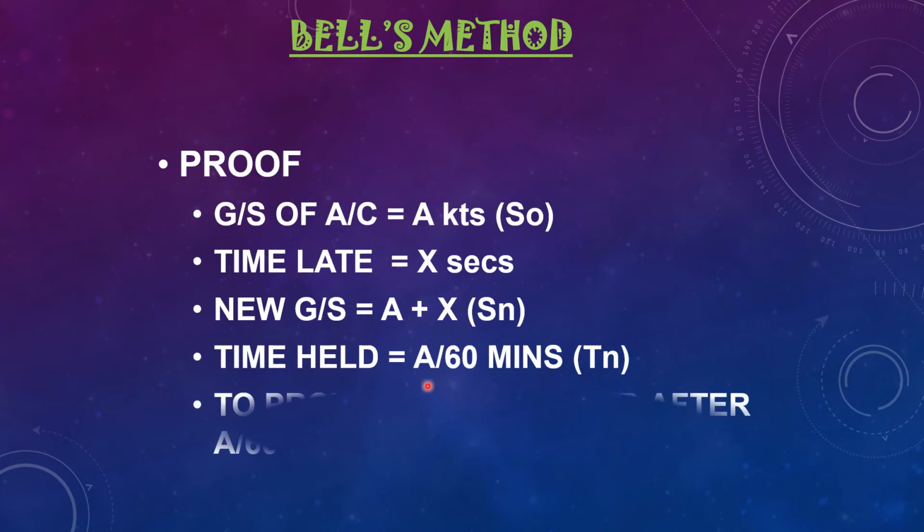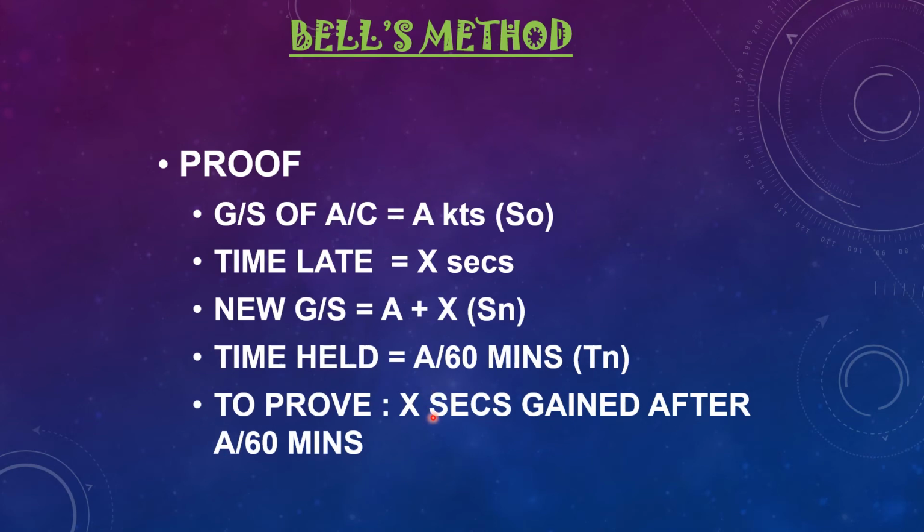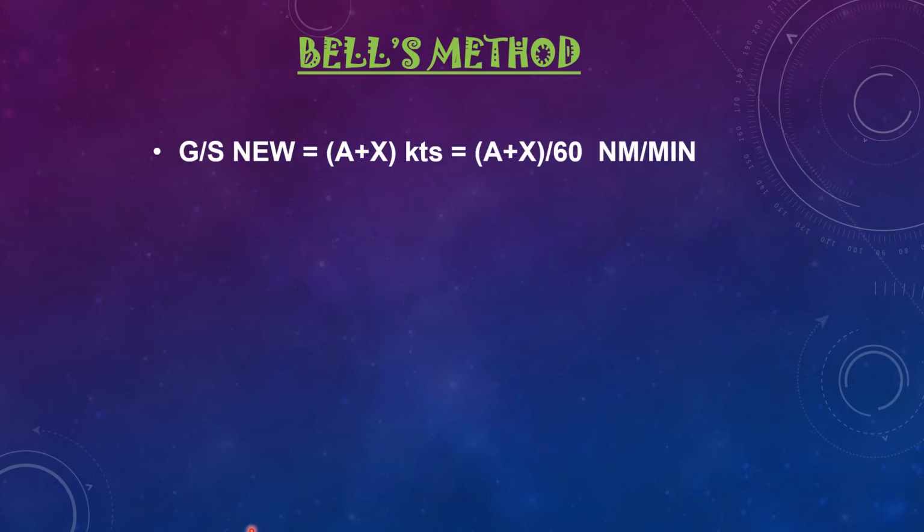Now, all we have to prove is that x seconds are gained after a by 60 minutes. As the new ground speed is a plus x nautical miles per hour, it can also be stated as a plus x by 60 nautical miles per minute.